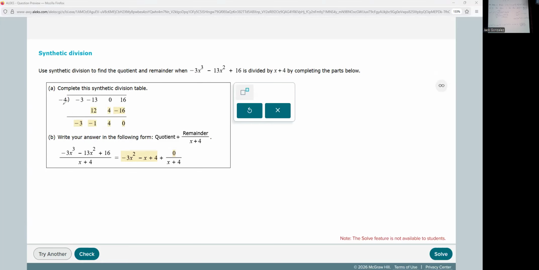And then again, negative 4 times negative 1 gives me this 4. 0 plus 4 is 4. You're adding these up. Then negative 4 times 4 is negative 16. 16 minus 16 is 0.